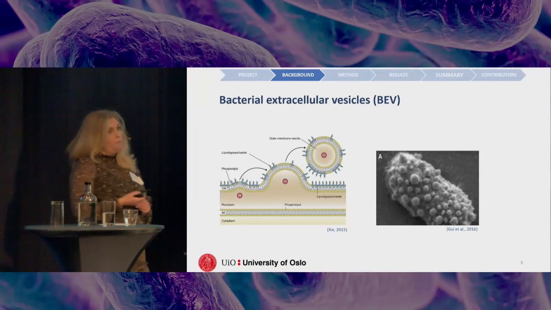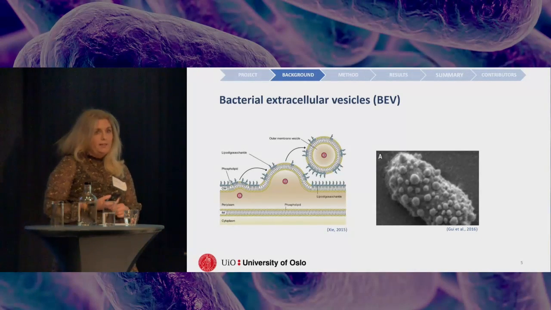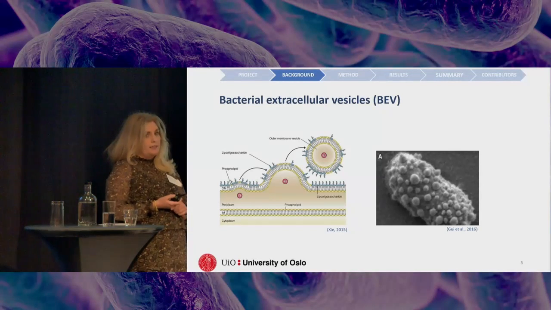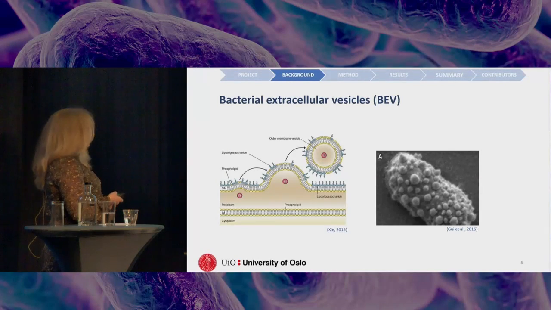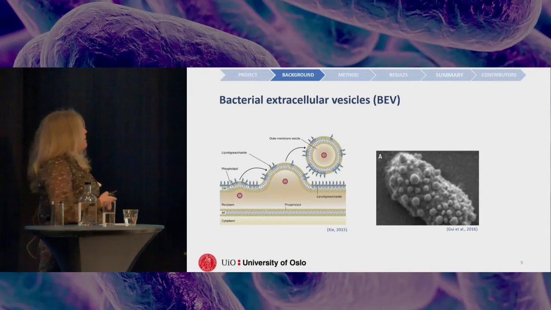So all bacteria, both pathogenic and non-pathogenic, release extracellular vesicles. Here you can see the membrane of a gram-negative bacteria, and you can see the bulging of the membrane forming an extracellular vesicle.